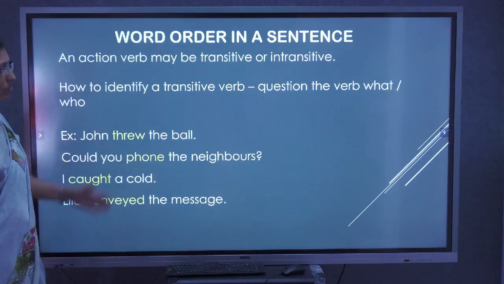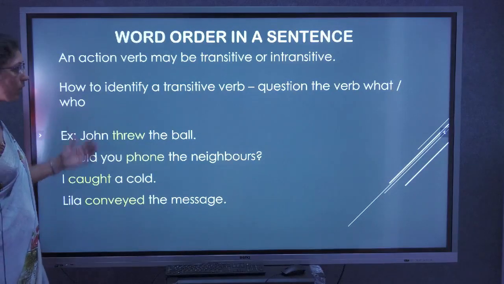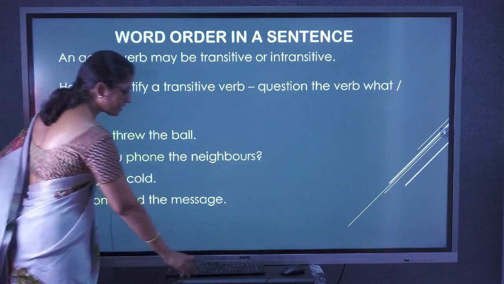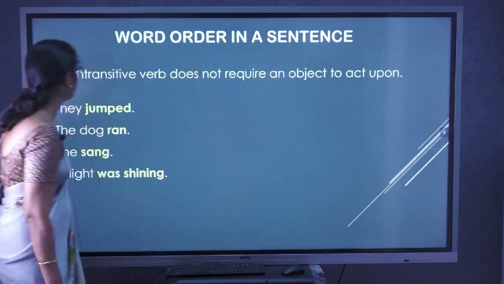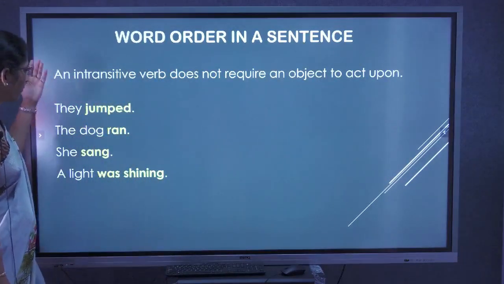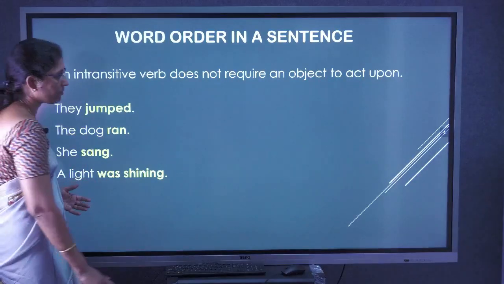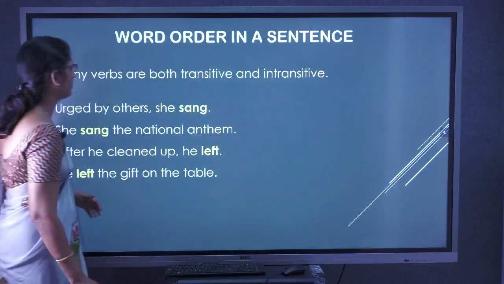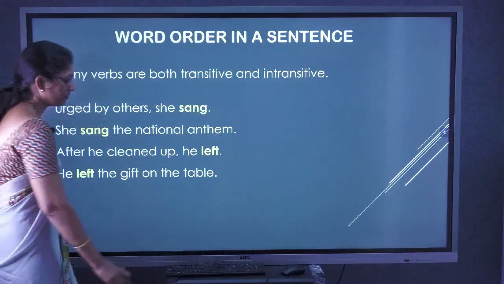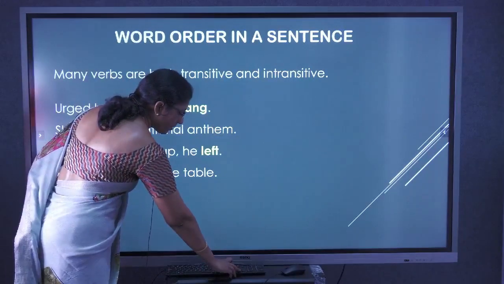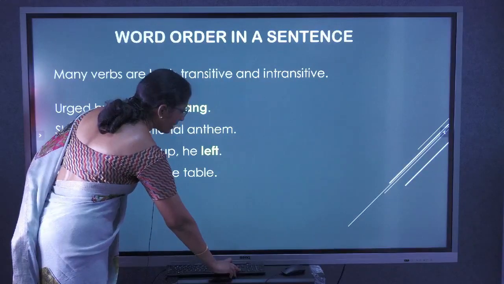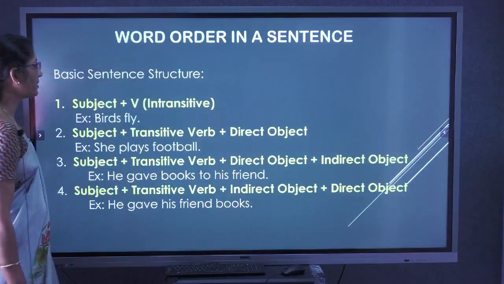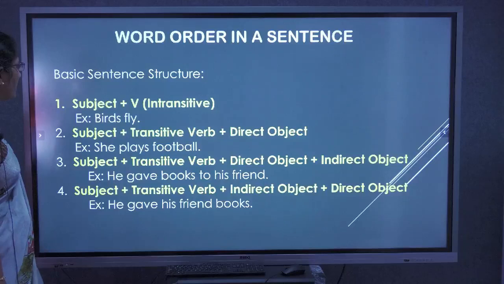When you ask the verb what and who, and you get the answer, then it is a transitive verb. Okay, we have seen some examples of intransitive verbs, right? And some verbs are both transitive and intransitive. It depends upon what they do in the sentence.